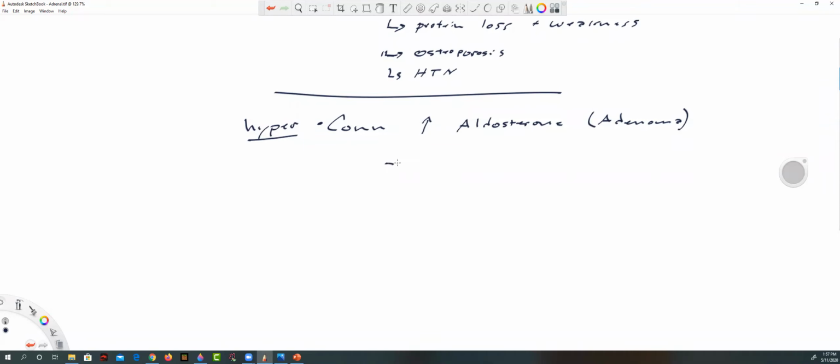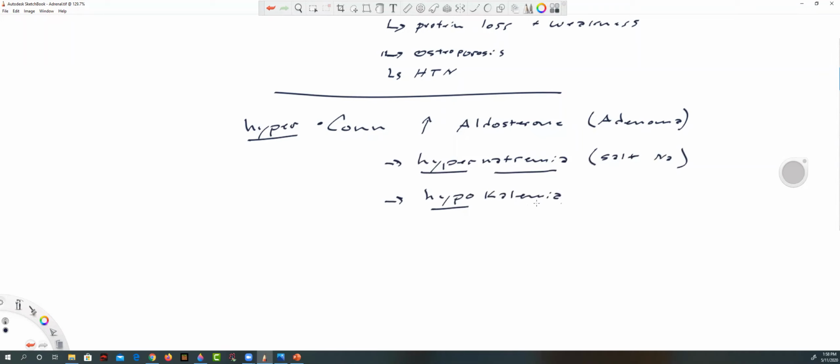And these people have hypernatremia. That is hyper, too much natremia, salt. And then it also causes hypokalemia.